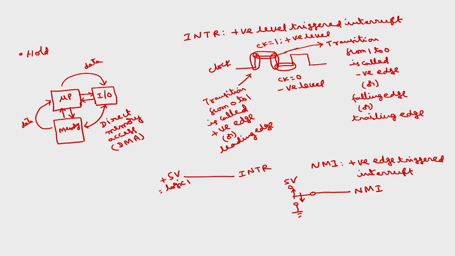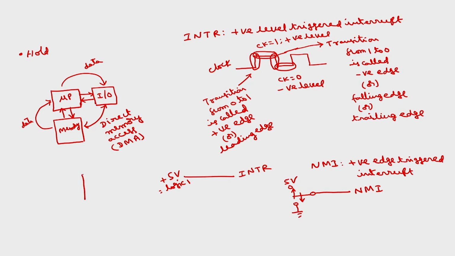But what is required here is that I have to take the control of the buses from the microprocessor. Even IO can transfer the data to the memory directly. This is bidirectional.